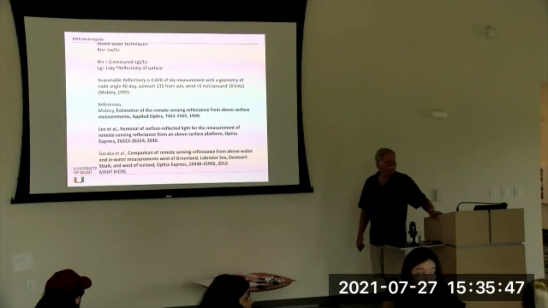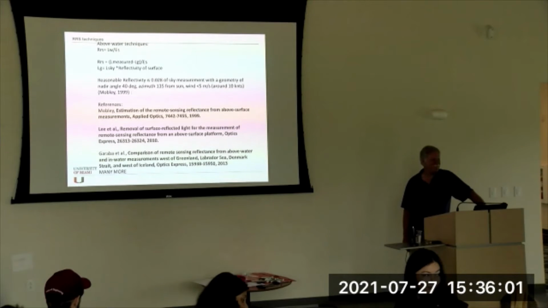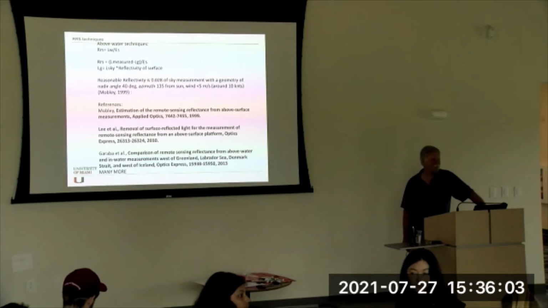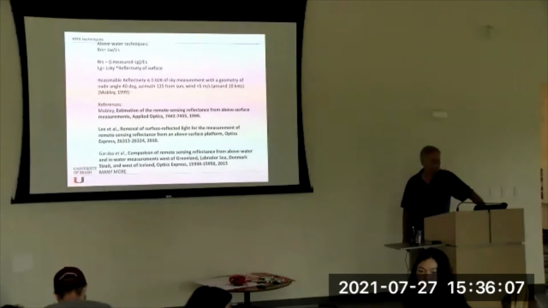When I think about all these techniques, I always remember that it's easy to measure, and the complication is usually elsewhere. A lot of these techniques are well defined for a perfectly calm surface.